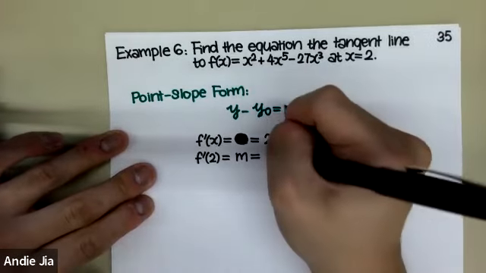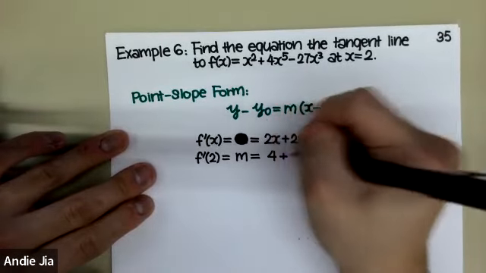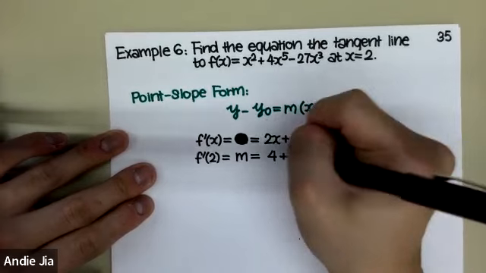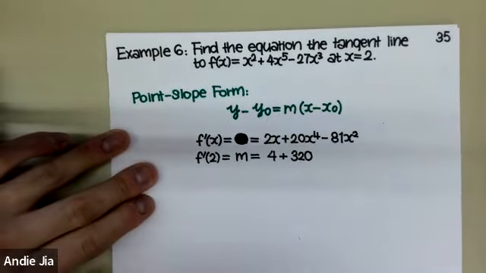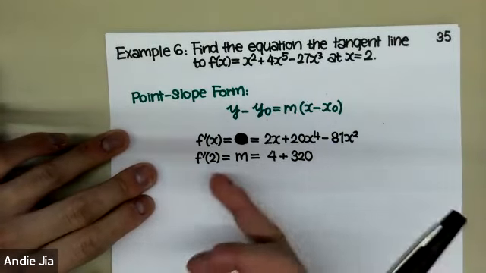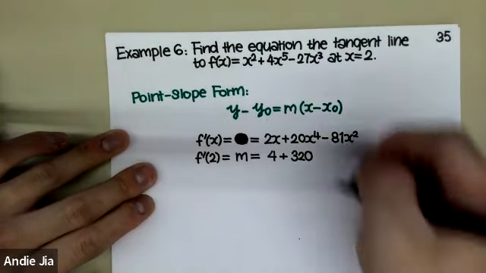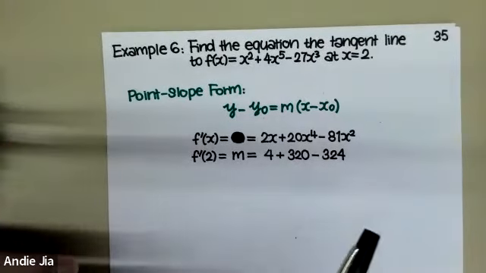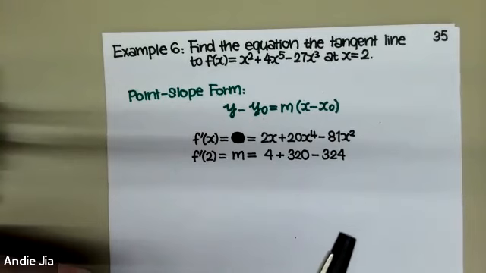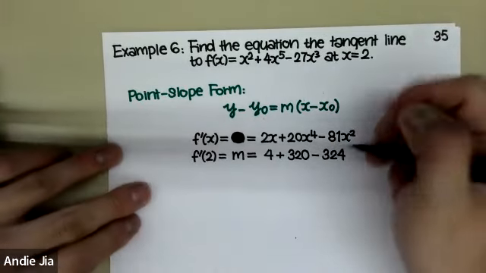It is 4 plus 2 to the 4 times 20, minus 2 to the 4 times 324, which is 0.